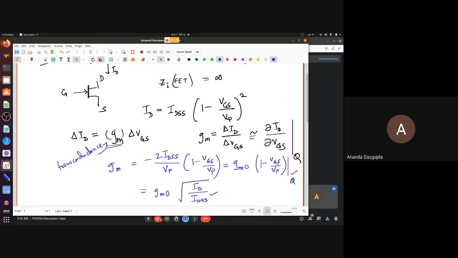When you say VGS, you put in the quiescent point value of VGS, etc. The same here, the quiescent current ID. So this is really square root of IDQ by IDSS times this quantity GM0, which is nothing but twice IDSS by magnitude of VP, which is of course this factor in front. Remember, VP is negative, so mod VP is minus VP. So everything falls in place.